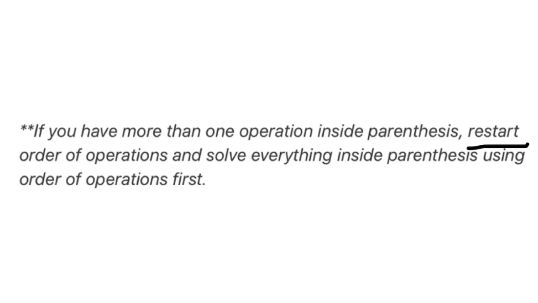And then once everything in parentheses is solved, then you go outside parentheses and continue with your order of operations. So we're going to look at a problem that has more than one operation inside parentheses. Before we do that, let's pause the video and copy this into your notes now.